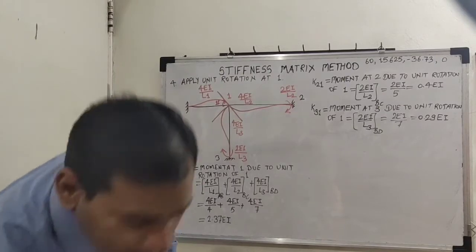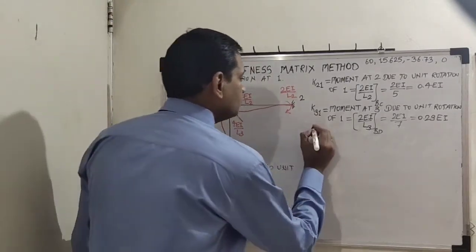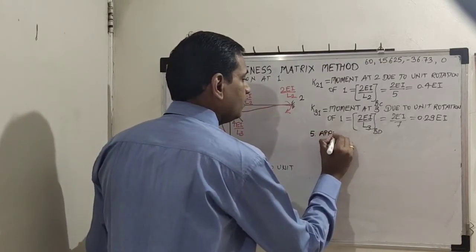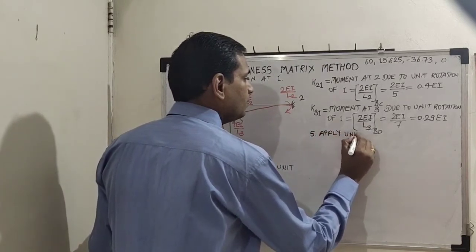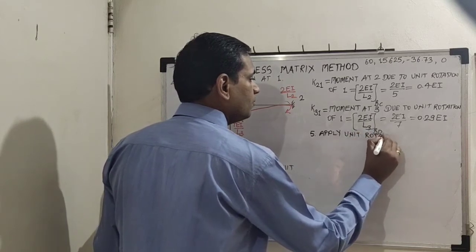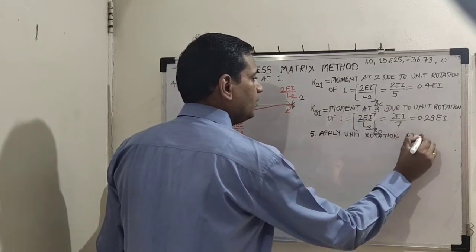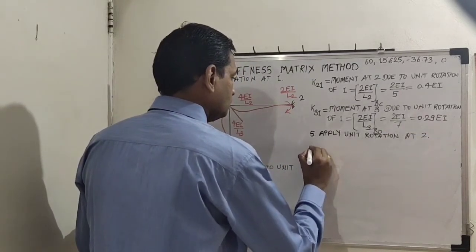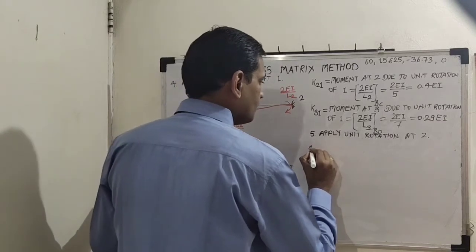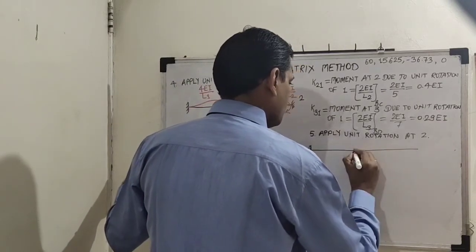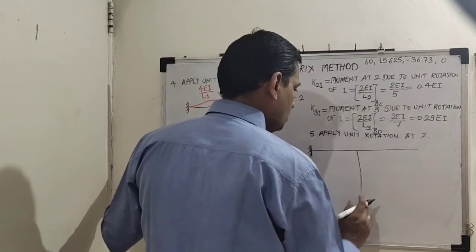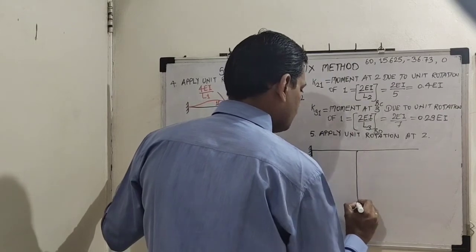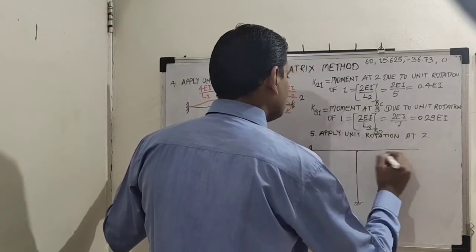So step number 5, apply unit rotation at location 2. And then I will again draw the deformed shape. I will show the stiffness values one by one.